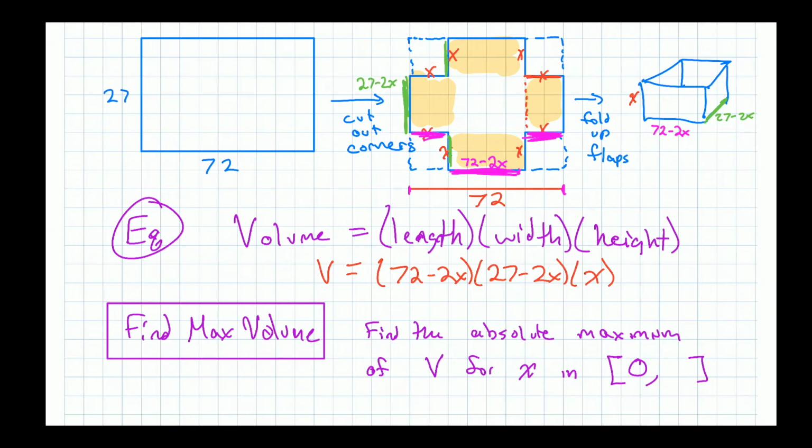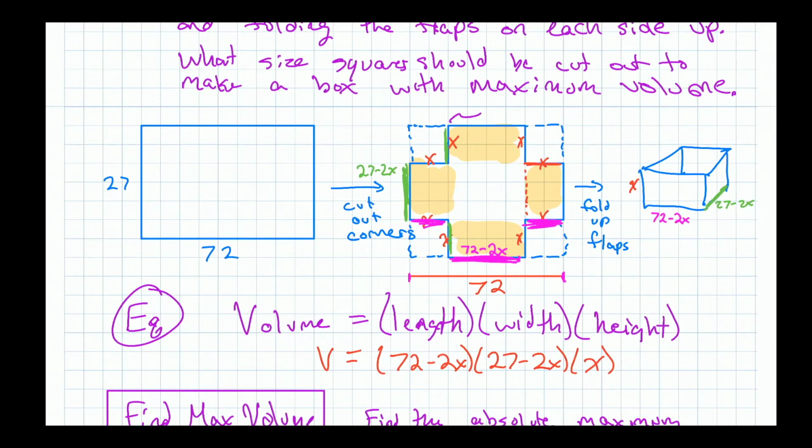Now the maximum x value you could put in would be, well, think about it. The bigger the x is, the smaller the sides get. When x is big, this gets small. So the largest x could possibly be is, what if x was 13.5?